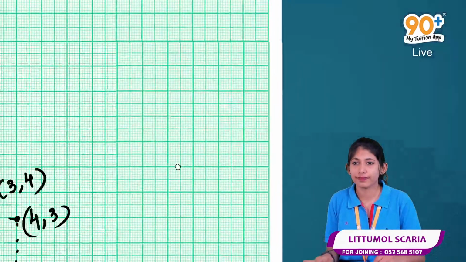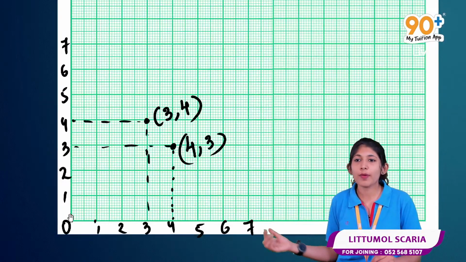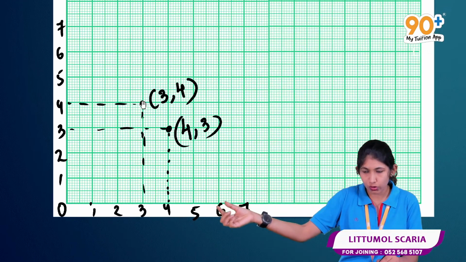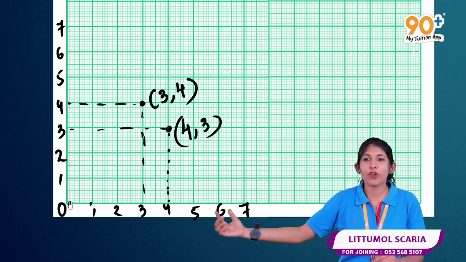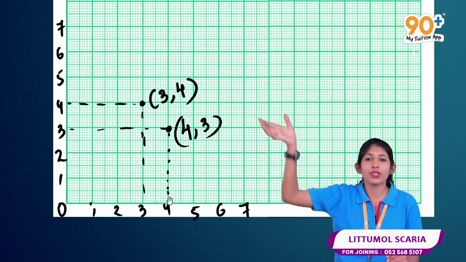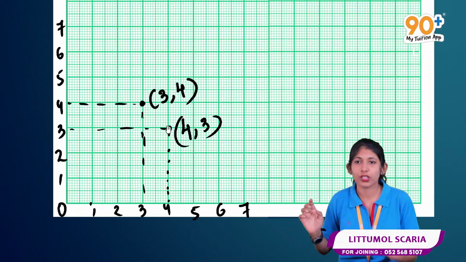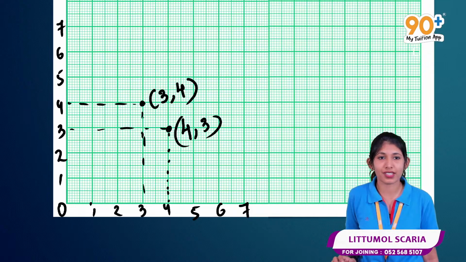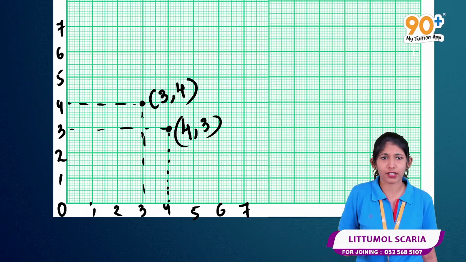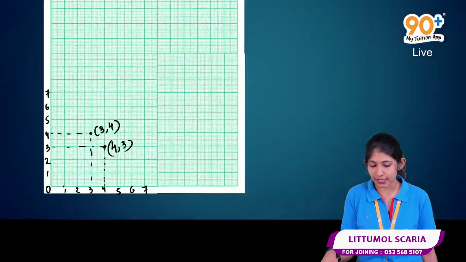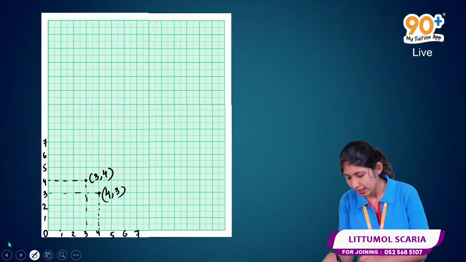Is it the same? 3, 4 means 1, 2, 3, then 1, 2, 3, 4 up. 4, 3 means 1, 2, 3, 4, then 3 units to the top. 1, 2, 3. So 4, 3 and 3, 4 are entirely different. Okay, thank you for telling me. It's not the same. Yes, it is not. And you are supposed to show it graphically as well.